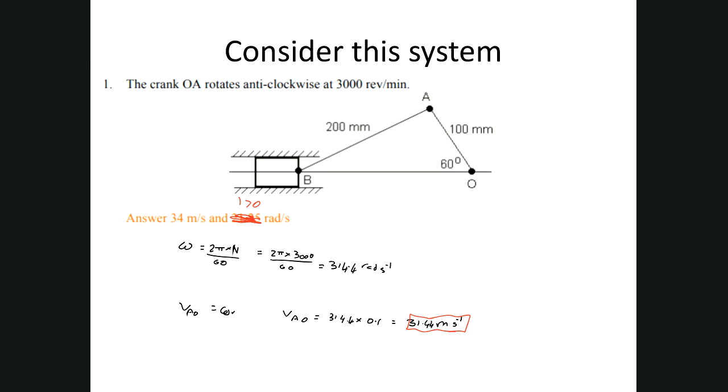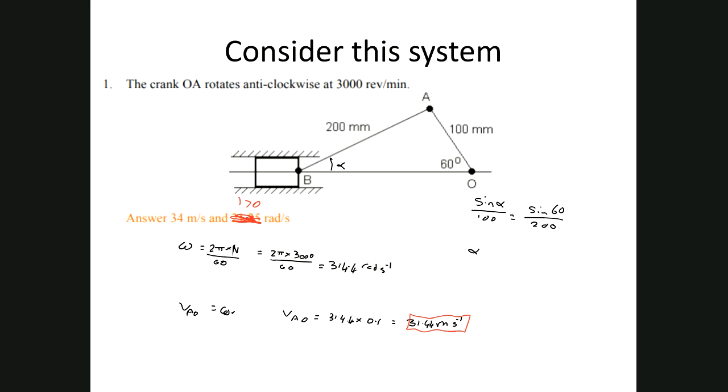Similarly, to help us do our diagram, although it's not specified, we will also need to know what this angle is, and I'm going to call it angle alpha. Okay, we also need to know what angle that is to help us draw our diagram. So I'm just going to come across here and, using the sine rule, sine of alpha over 100 is equal to the sine of 60 over 200.